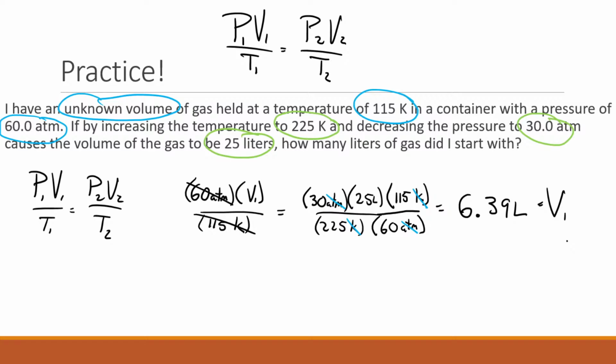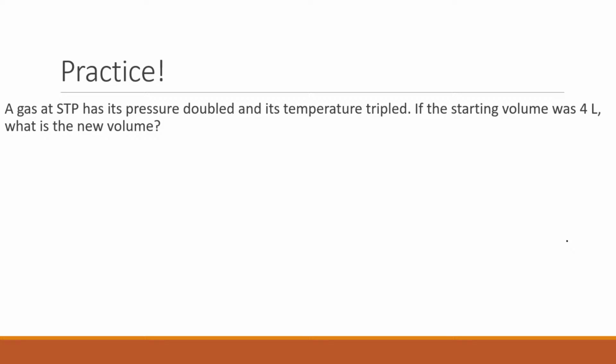Let's try another. Here's a problem that's going to use the same formula, P1V1 over T1, P2V2 over T2. But here, if we look at this question, there's only one number given to you.